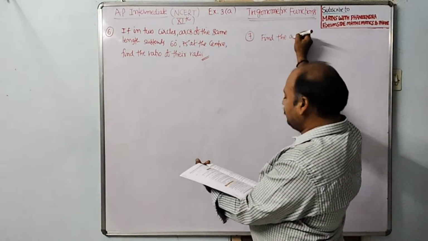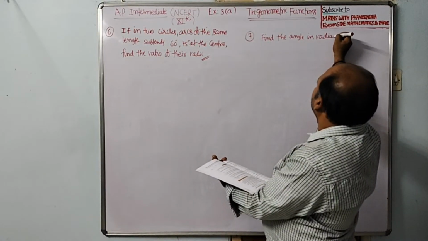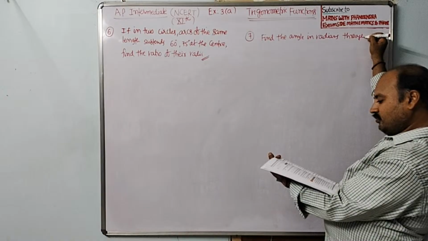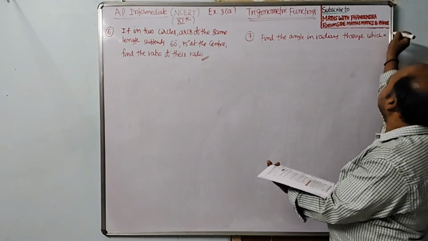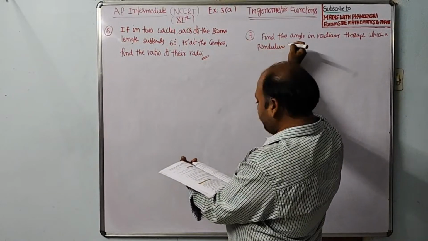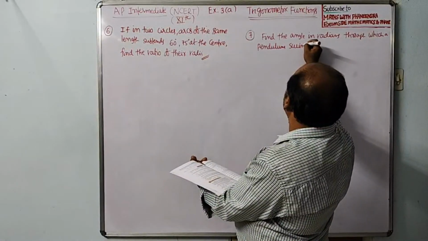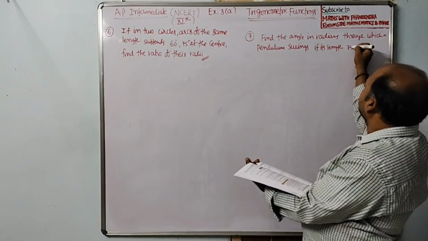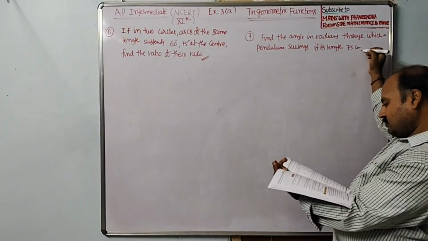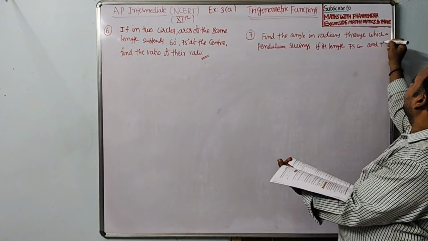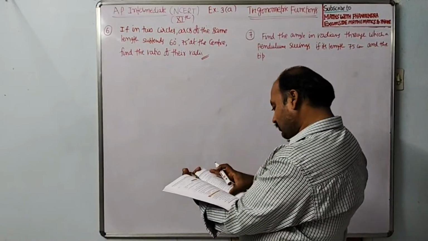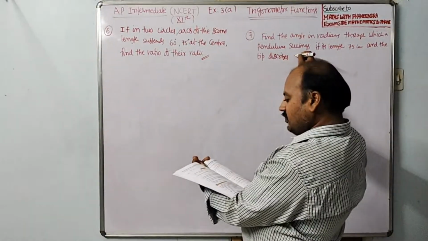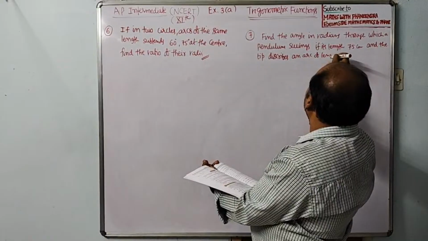Question number 7. Find the angle in radians through which a pendulum swings if its length is 75 centimeter and the tip describes an arc of length.